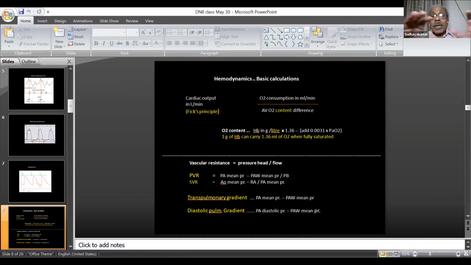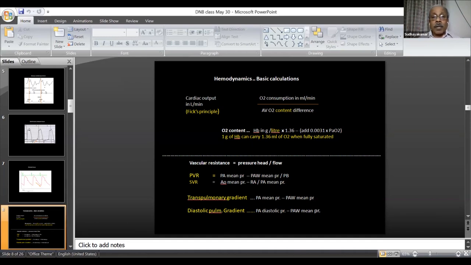That is the pressure head divided by the pulmonary blood flow, or the QP. So that's very important. I think all of you should note down these things. The mean pulmonary artery pressure minus the LA, pulmonary vein or pulmonary artery wedge pressure, provided there is no obstruction between the capillaries and the left atrium, divided by the QP, or the pulmonary blood flow.